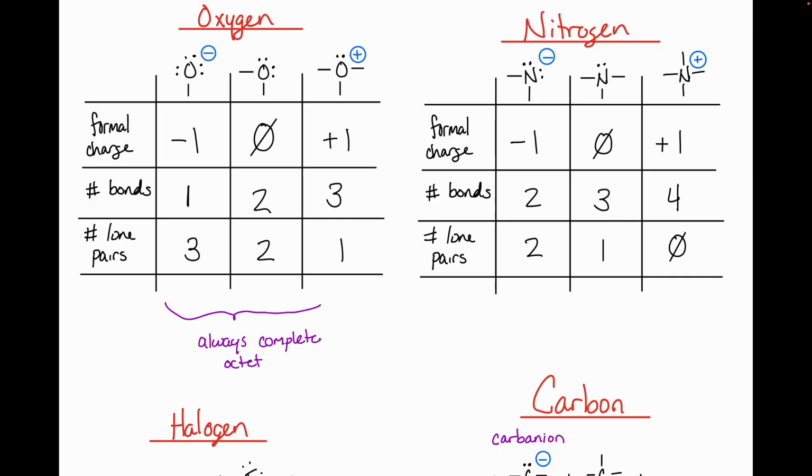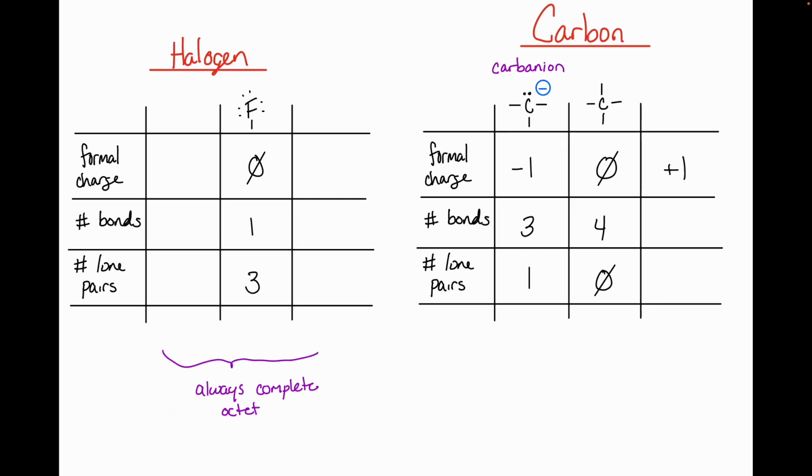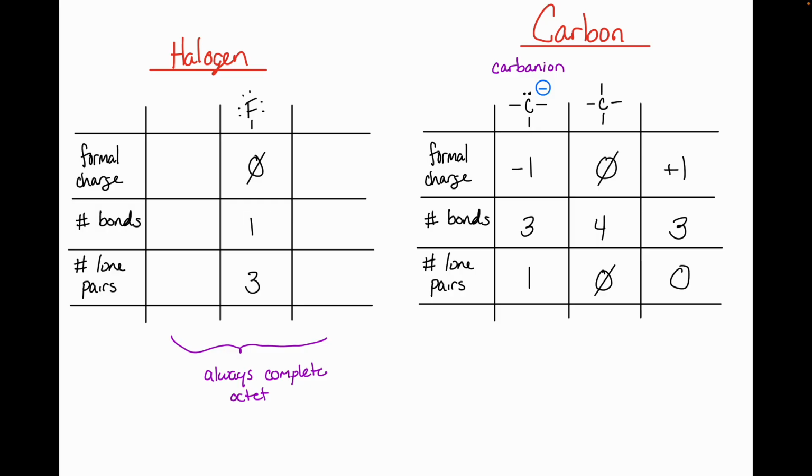Nitrogen, same deal. Total up the number of electrons in its valence shell, right? 2 for every lone pair and 2 for every bond. You'll see it always has a complete octet. Our halogens, when you complete this chart, you can convince yourself it always has a complete octet. All right? If we look at carbon with its +1 charge, carbon will have 3 bonds but 0 lone pairs.